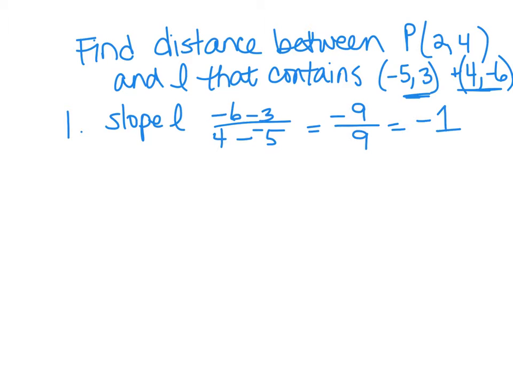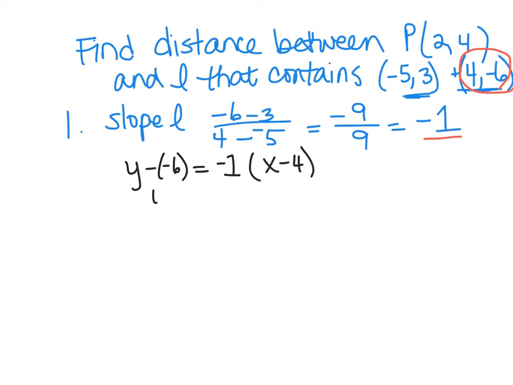All right, so we need to write the equation. So we can use point slope form, or we can solve for b. So I'm going to use this point right here and my slope. So I have y minus negative 6 equals the slope, negative 1, times x minus 4.